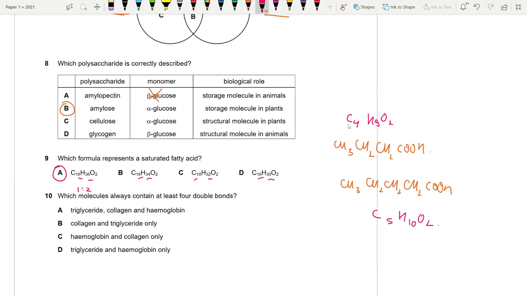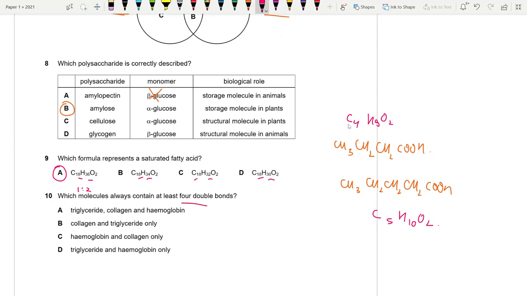This is really important. Which molecules always contain at least 4 double bonds? We need 4 double bonds. Okay, at least 4. So the triglyceride, it contains 3 ester bonds. So there are 3 double bonds there, right? But how are we sure that there's going to be a fourth one?